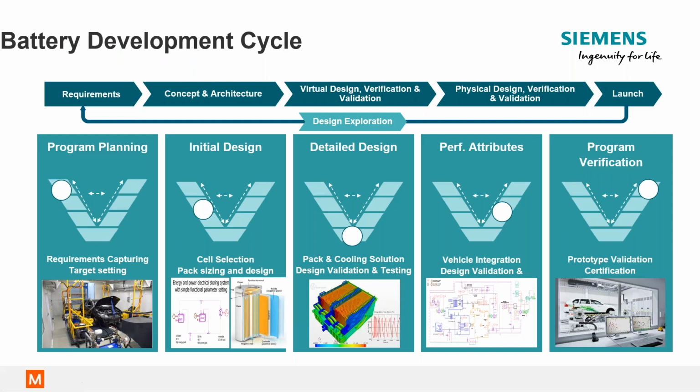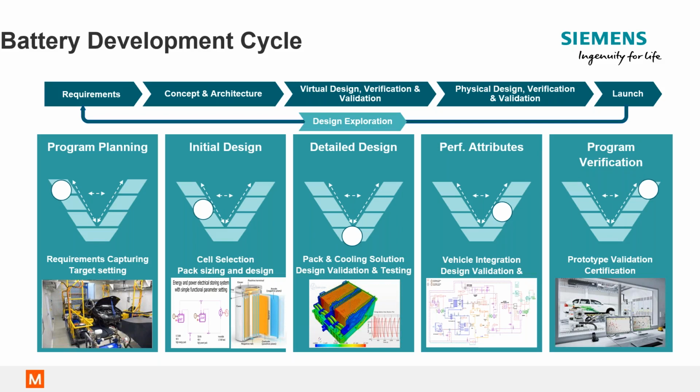For a battery development cycle, first I want to capture what is needed at the system level: range anxiety can be an issue, as well as performance and how much heat it generates. Once I've captured all of those performance requirements, I can then design a cell or a pack based on those initial specifications.